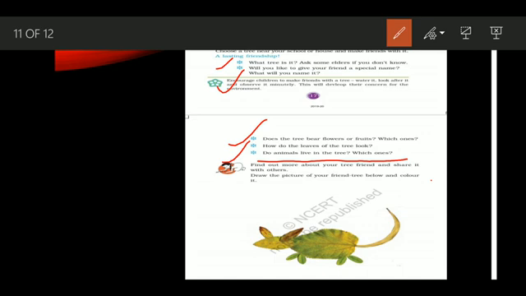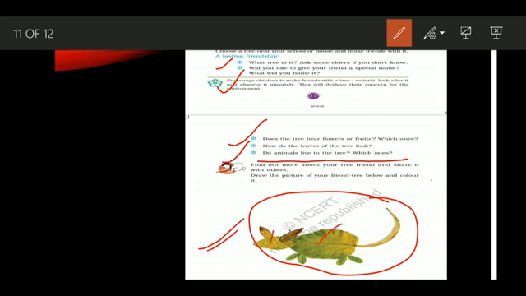Okay, draw the pictures. Students, here is a very interesting game you can perform at your home. Just collect leaves of different shapes and sizes, and draw different patterns with them. A common example is given here. You can see that some leaves are taken, and with the help of these leaves a simple diagram that looks like a rat or mouse has been made.